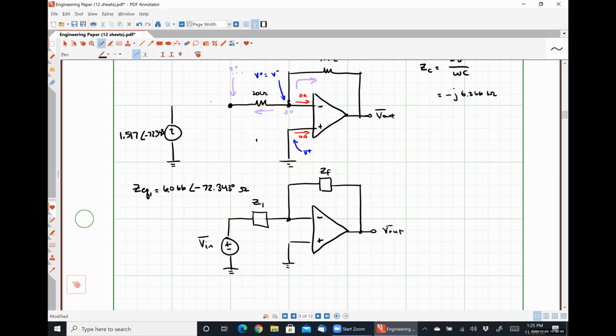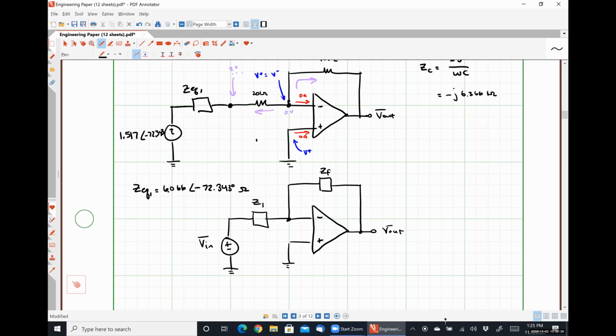My ZEQ1 comes up here, and now I could add to my ZEQ1 this other 20 kilo ohm resistor that's been placed in series. And then I have the bottom circuit, which is very easy to analyze.